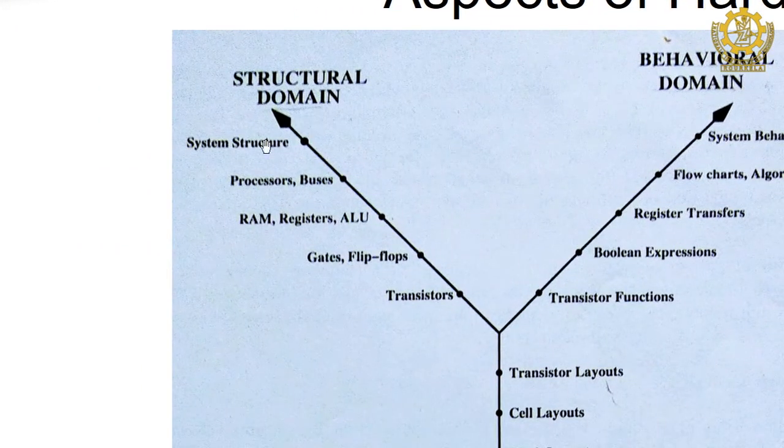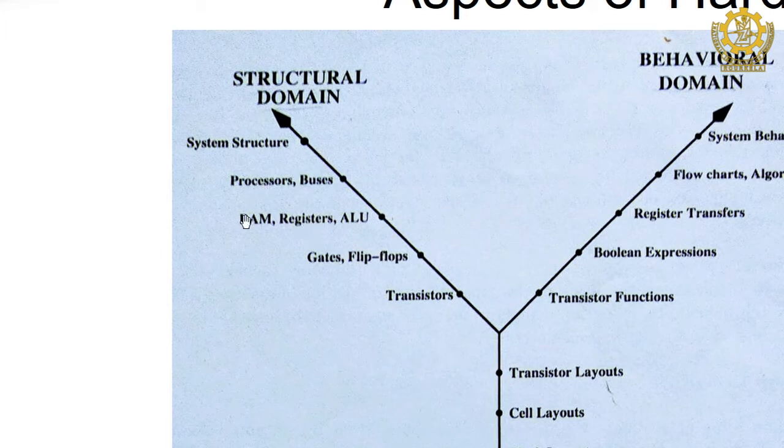The structural domain starts with the system structure. So the top level module of the system will be with you, followed by it being divided into processors or buses, or sometimes the peripherals of the system, which constitute the individual blocks of the entire system. Then finally, the processor may internally contain memory elements, it may contain an ALU for data manipulation, and registers also for storing.